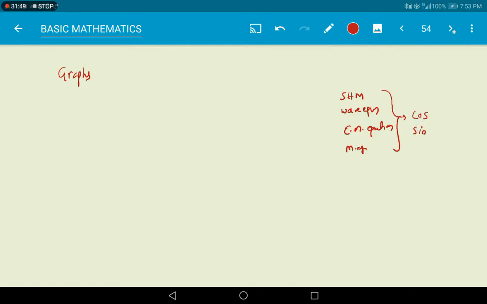Sir, why are we only selecting functions of cos and sine? Because these cos and sine functions are harmonic functions. Harmonic means they repeat their path after a regular interval of time.